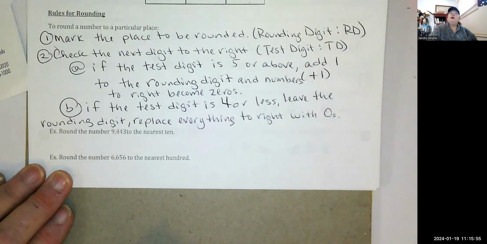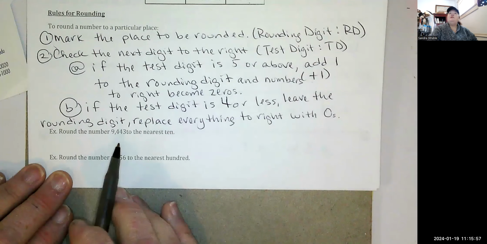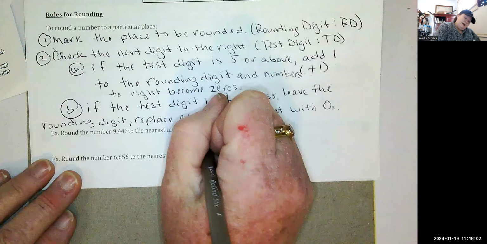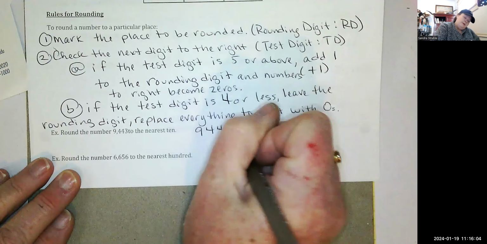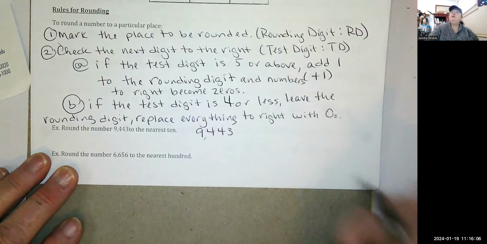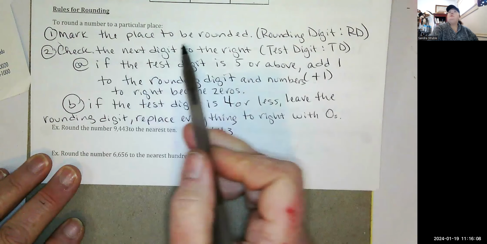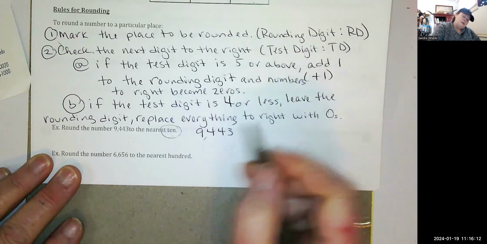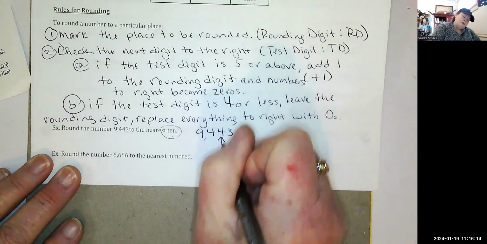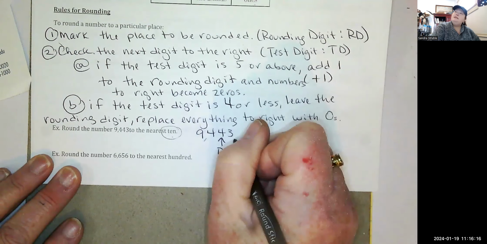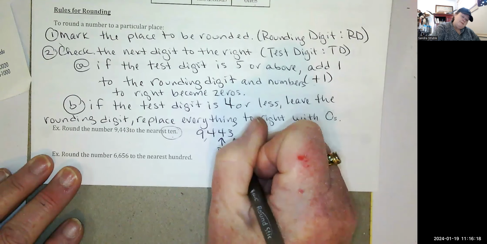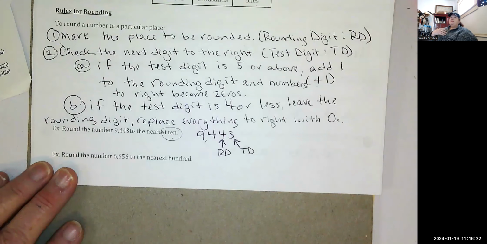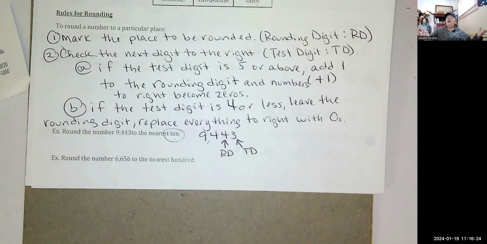Okay, so now we're going to round the number 9,443 to the nearest 10. I'm going to first mark the place to be rounded, and we're going to round it to the tens place. So this is my rounding digit, which means the 3 is my test digit because it's the one to the right. The first thing I ask myself is, is 3 5 or above?